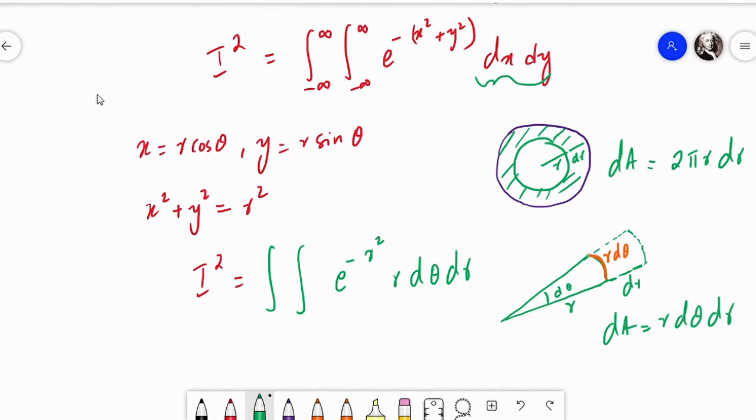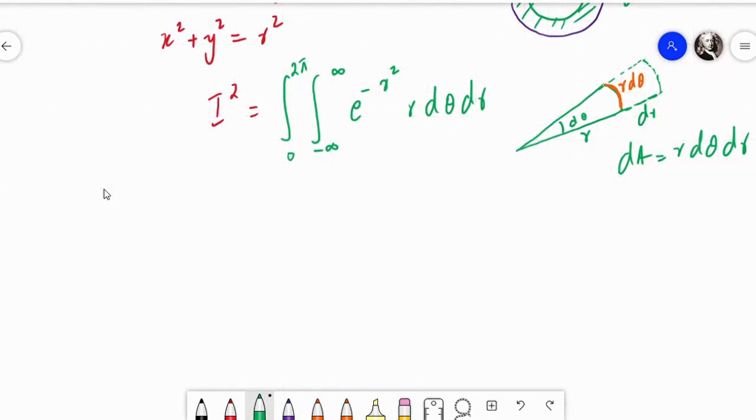Now r goes from minus infinity to infinity, and theta goes from 0 to 2 pi.